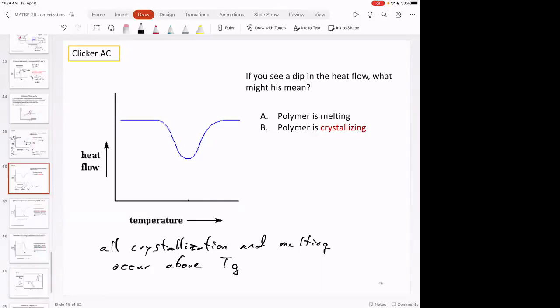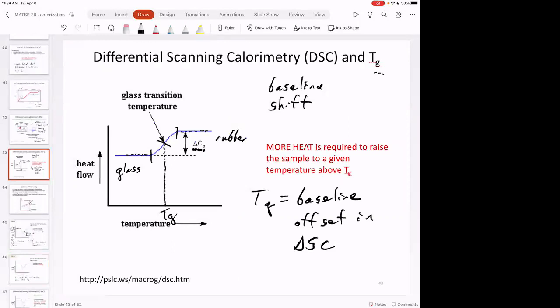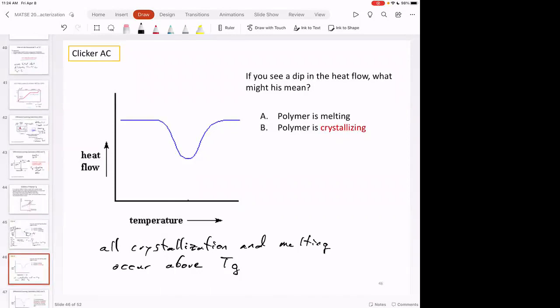All right, let's see. Where the heck is our TG slide? Oh, yeah. So because crystallization and melting are both first order phase transitions, they both have a peak with an area.